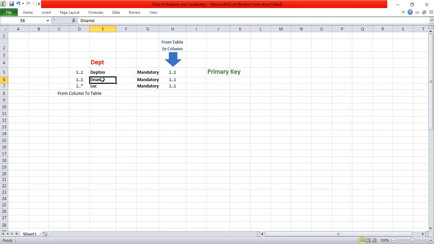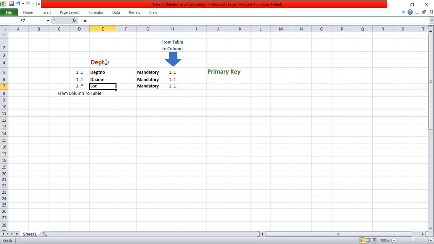No. But can more than one department exist in a location? It can, right? It again depends on the business decision, but as per common sense, it can exist.